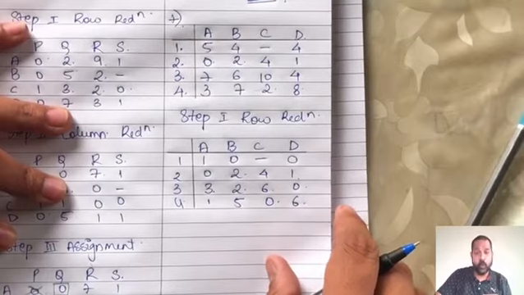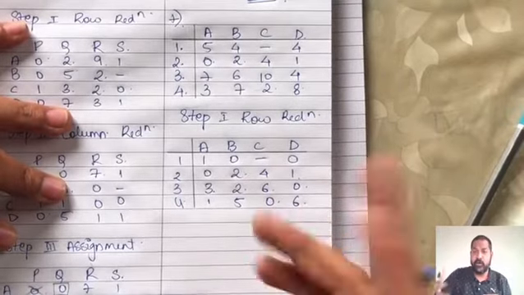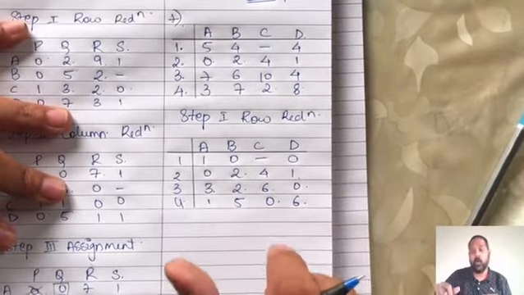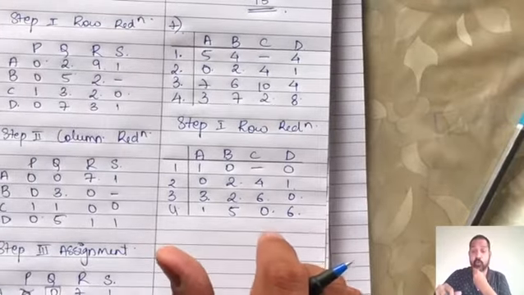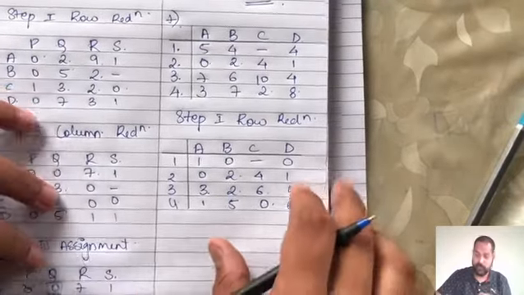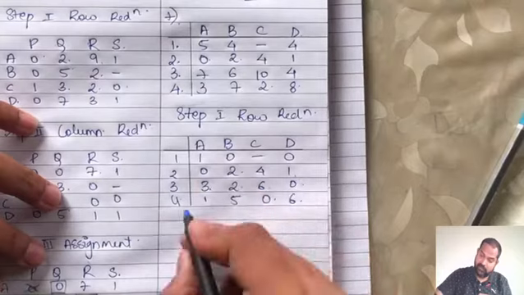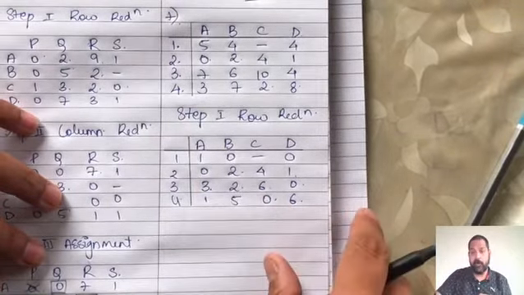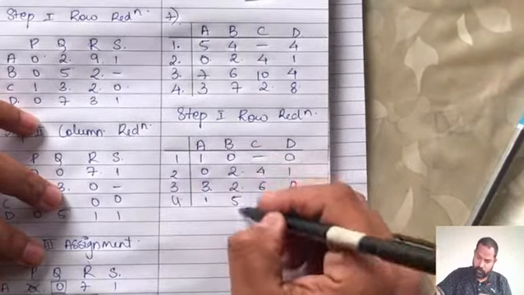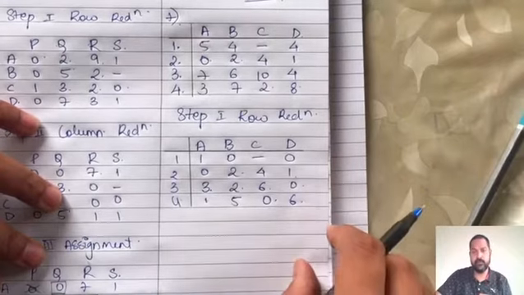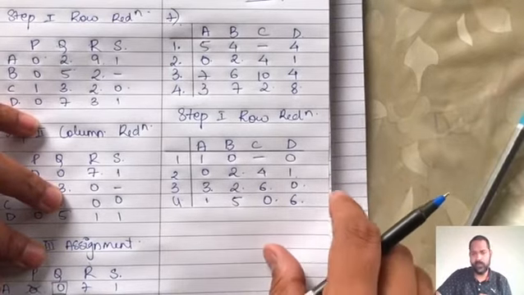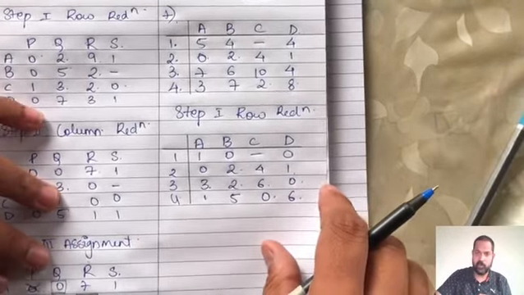Does every row have a zero? Yes, I did row reduction. That was the idea of row reduction. Every row ends up having a zero. So every row has a zero. What about every column? Well, every column also has a zero. Oh, fantastic. Then column reduction is not required.